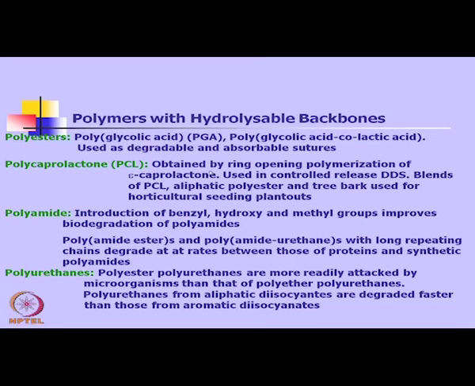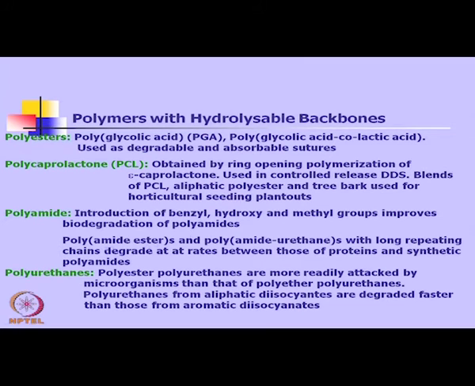Polycaprolactone, obtained by ring opening polymerization of caprolactone, is used in controlled release drug delivery systems. Blends of polycaprolactone, aliphatic polyester and tree bark are used for horticultural seedling plant outs. In polyamides, introduction of a benzyl group, hydroxy group or methyl group improves biodegradation.